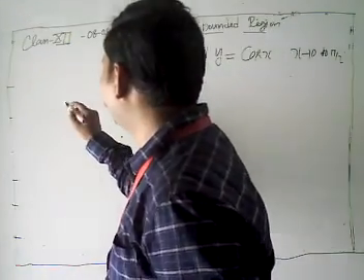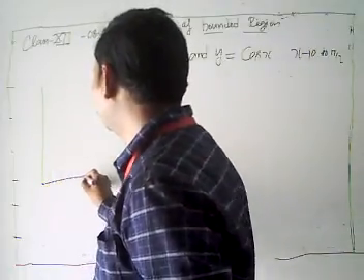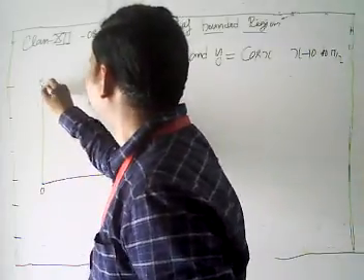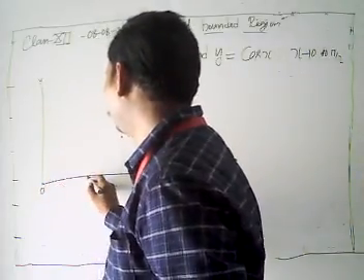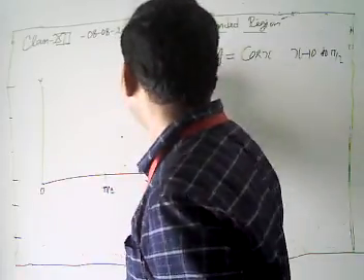Now first of all we are going to draw the rough sketch. Take the y-axis and the x-axis, and suppose our origin is 0. Now we draw the graph of sin x.